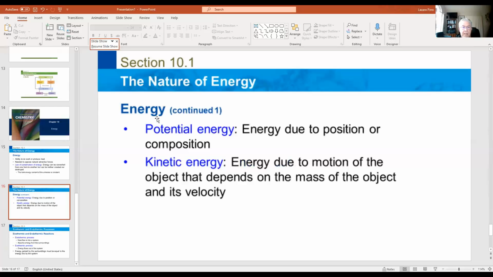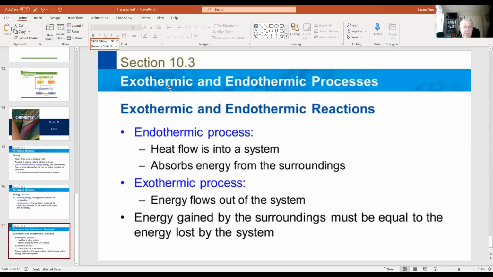Then the energy can be potential or kinetic. Potential is the energy due to the position or composition. And the kinetic energy is due to motion. And of course, depends on the mass of the object and its velocity. And at the end, it's also important that you distinguish between an exothermic and an endothermic reaction.